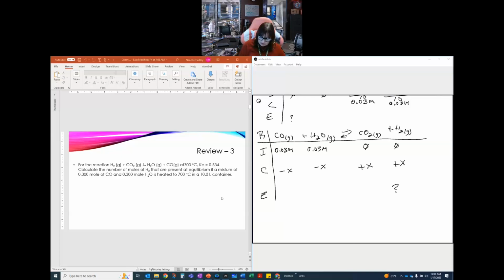Now my Kc expression for this equation is going to be H2 times CO2 over CO times H2O. I don't have a value for that. What I have a value for is the one for the reverse reaction. But remember we talked about this: if I want to find the Kc for this reaction, and I know the one for the reverse, I can take 1 over that Kc.